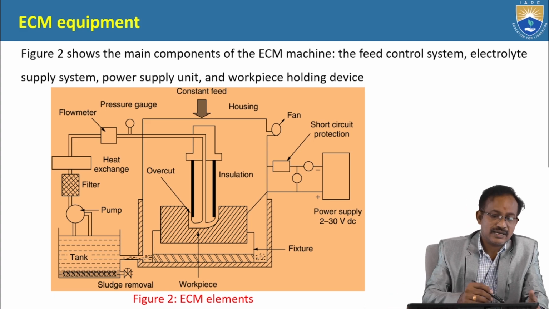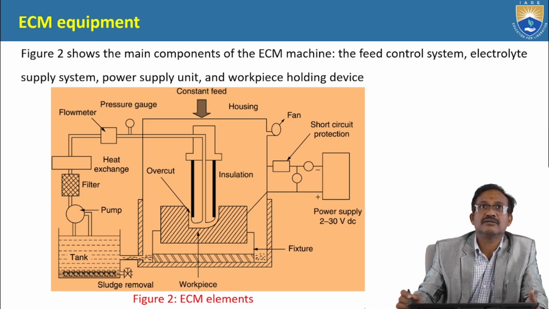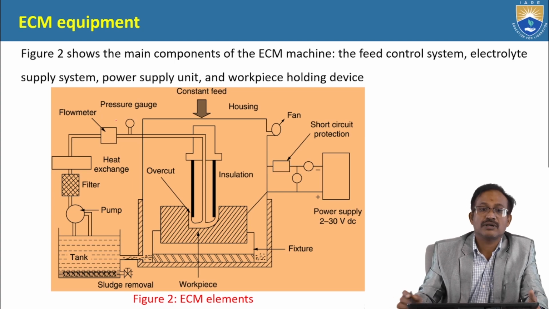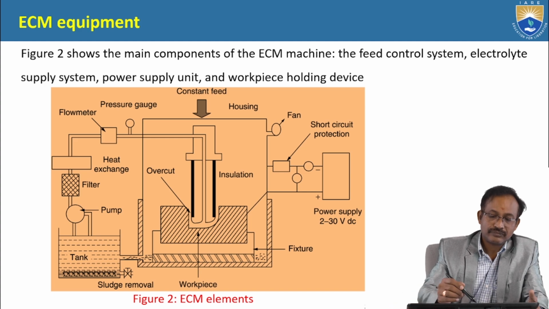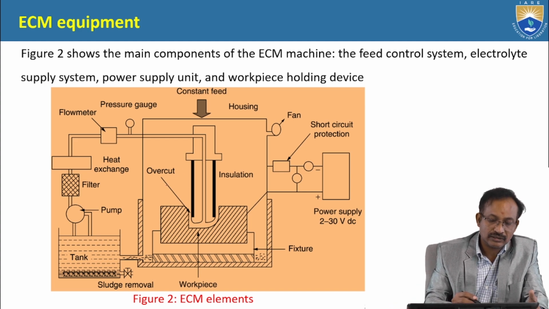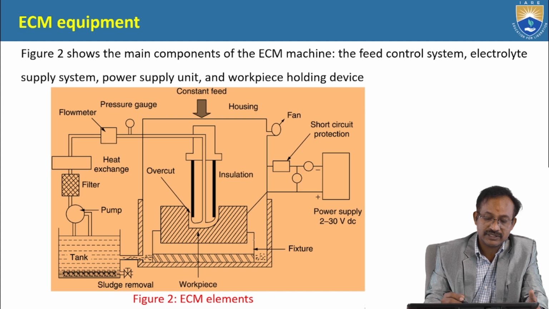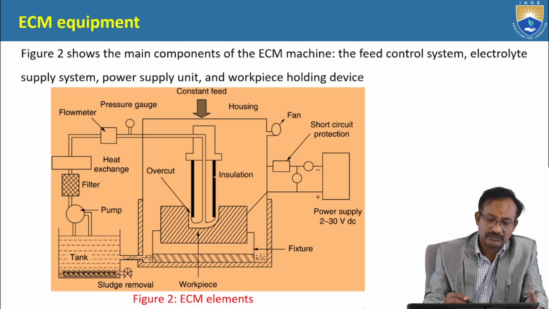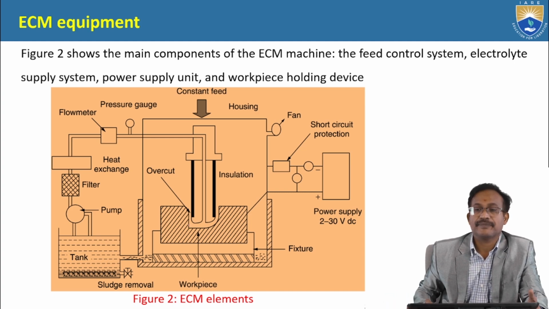A heat exchanger is provided for heat exchange, a flow meter to maintain the flow, and a pressure gauge regulates the pressure of the electrolyte. This is overcut and this is insulation. Here the workpiece is fixed to the fixture, and the ECM equipment shows the machining process with some overcut and undercut.